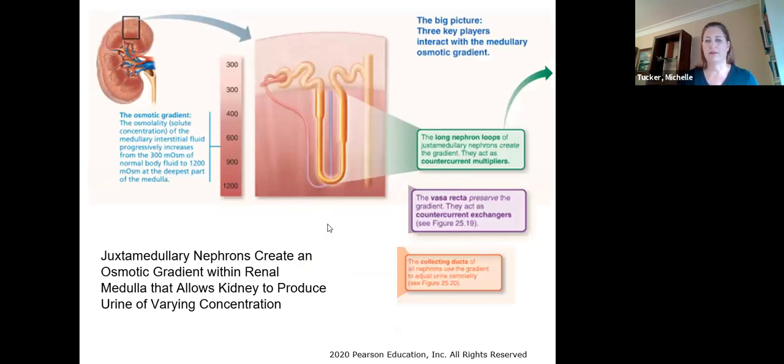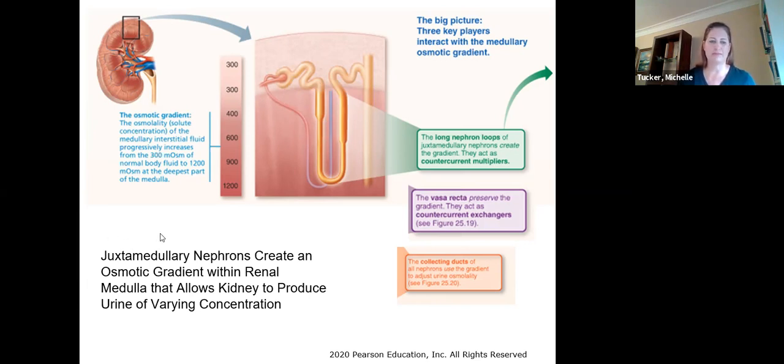This is showing the 3 players. These are juxtamedullary nephrons that are going to be associated with this countercurrent mechanism. The cortical nephrons, their loops barely reach here, so they don't come into play.